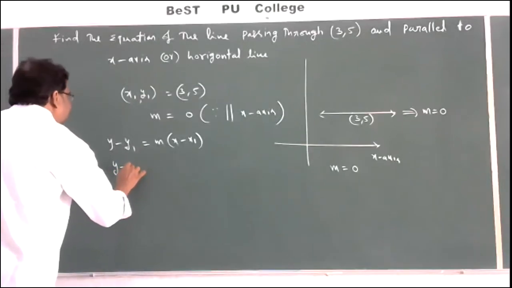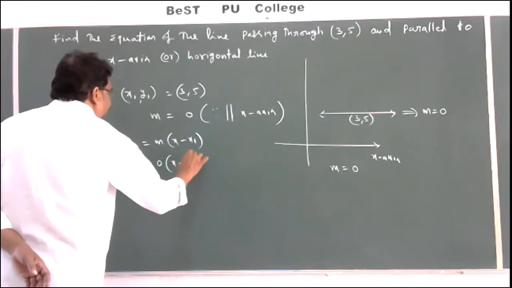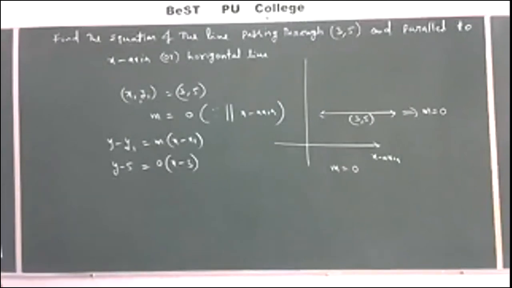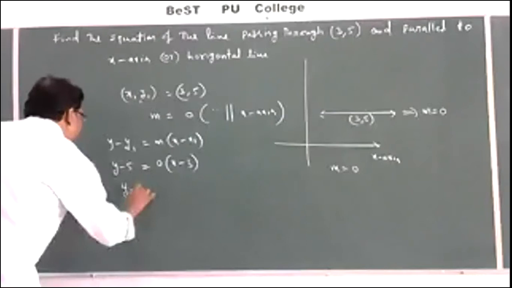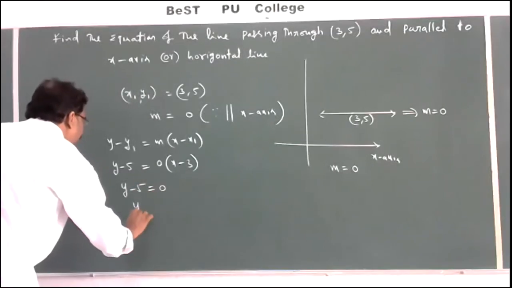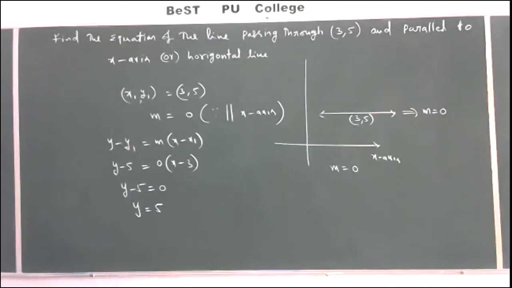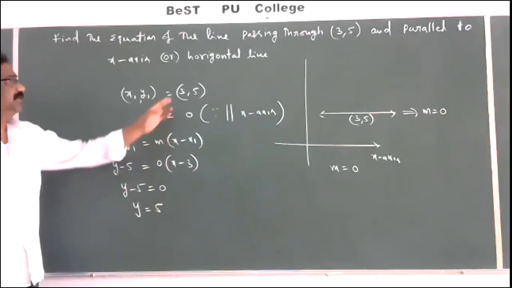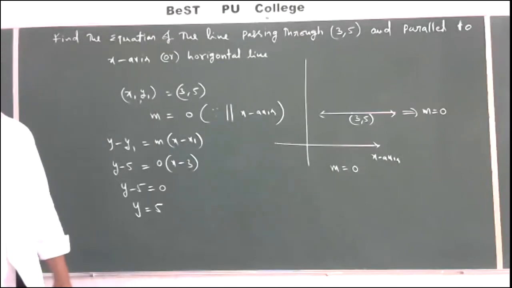That is y minus 5 is equal to 0 into x minus 3. 0 into anything is 0. Then you get y minus 5 is equal to 0, so y is equal to 5. This is the equation of the line passing through (3, 5) and parallel to the x-axis.